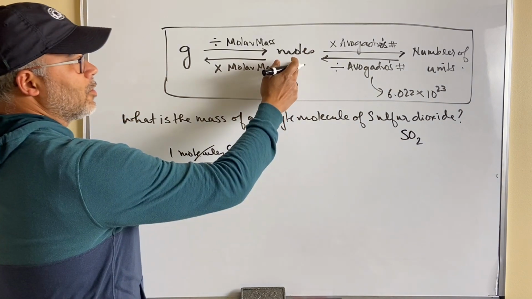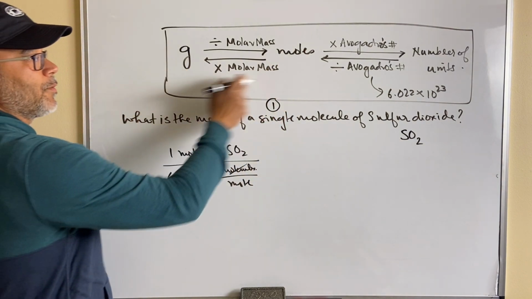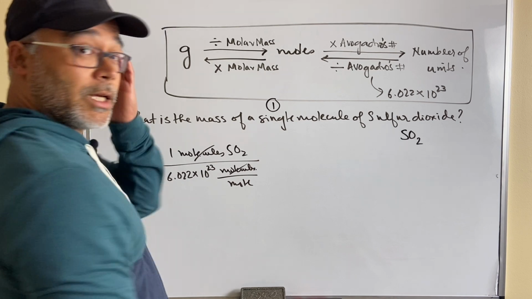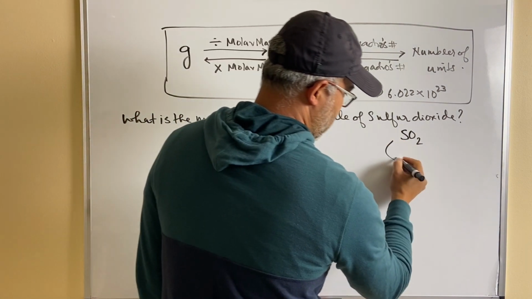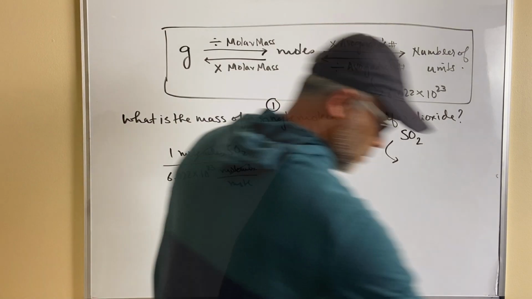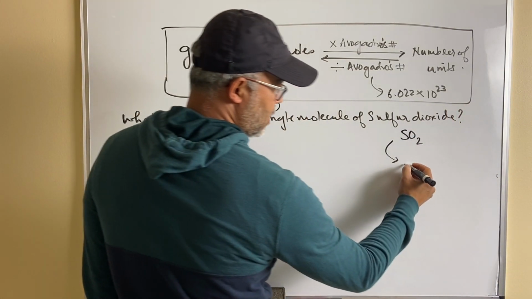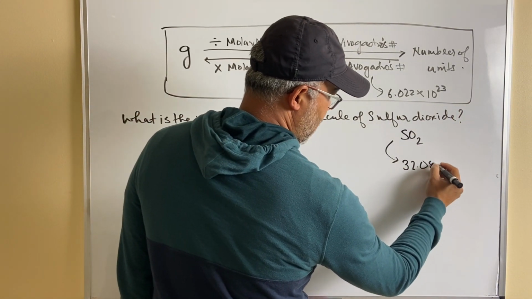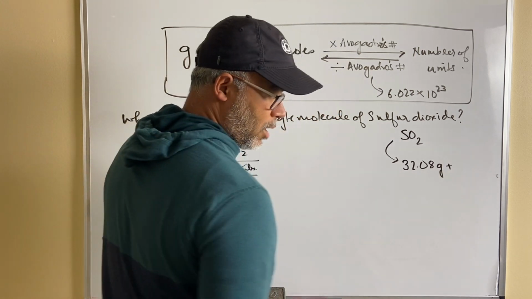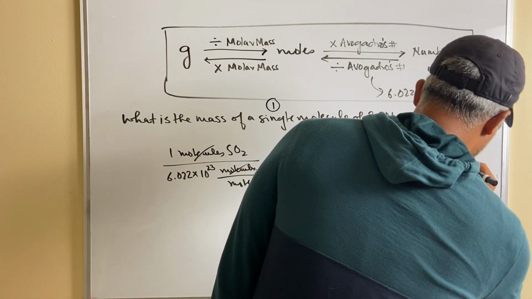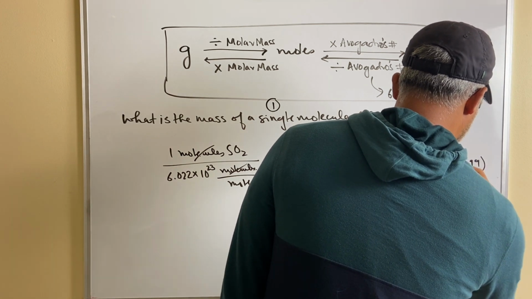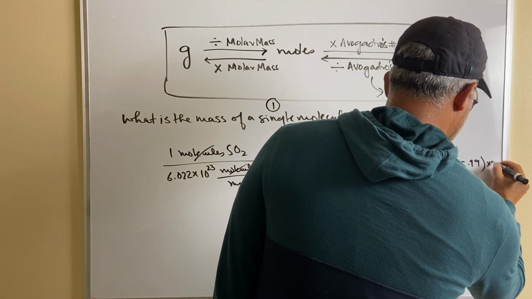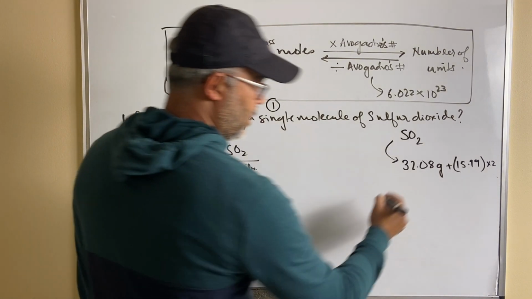And then you have to go from moles to grams, so we have to multiply by the molar mass. So let's go ahead and calculate the molar mass of sulfur dioxide. Here's where you go back to your periodic table. So it turns out sulfur is 32.08 grams and oxygen is 15.99, and you have 2 oxygens, so we're going to multiply that by 2, okay?